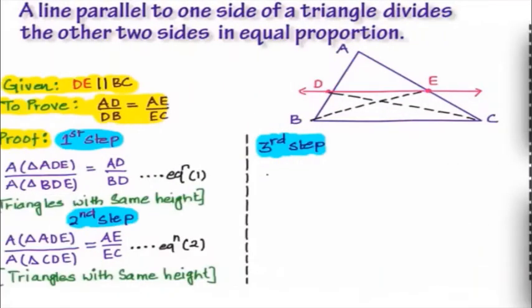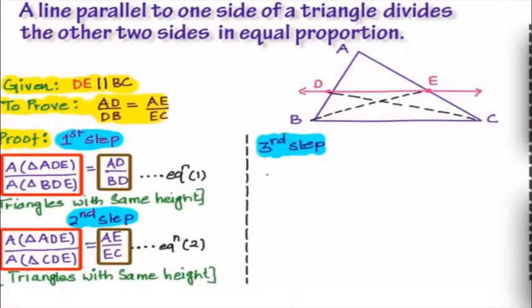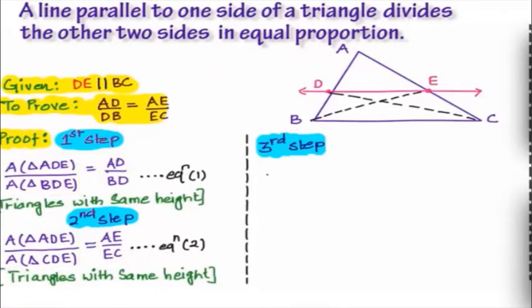Now we can see that on the left hand side of these equations, the area of triangle ADE is common. Now if we are able to show that the area of triangle BDE and the area of triangle CDE are equal, then the left hand side will become equal and the right hand side will also be equal. Then the ratios will be equal and we are done with the proof.